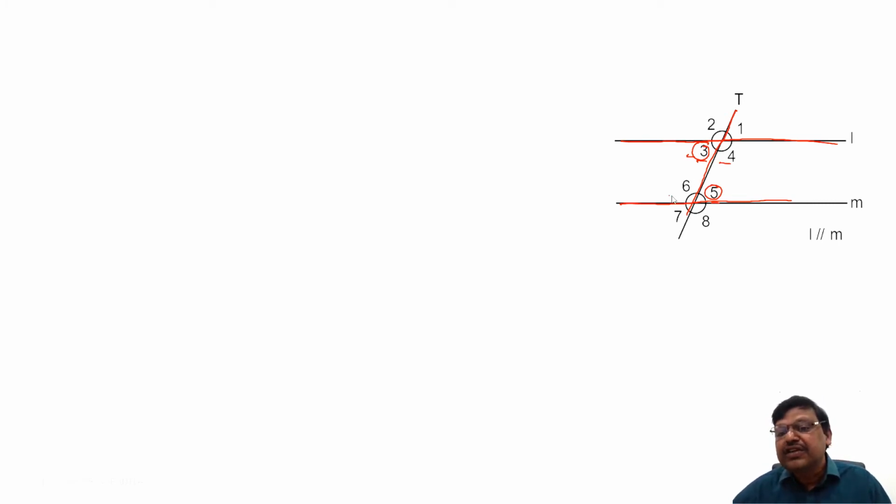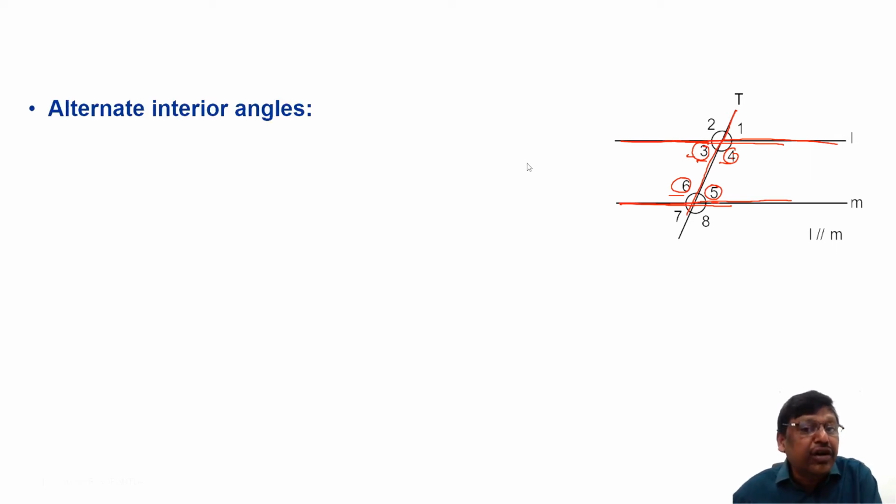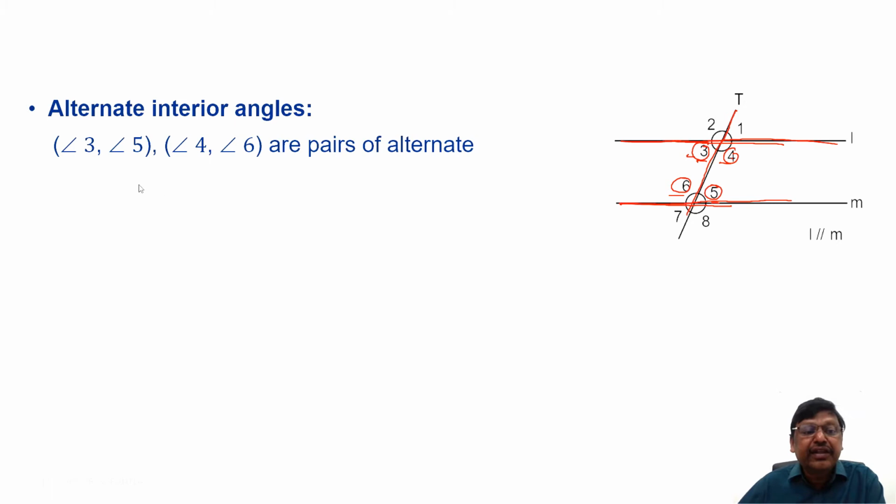Similarly, 4 and 6, they are also between parallel lines, but they are on the alternate sides of the transversal. That's why they are called alternate interior angles. Angle 3 and angle 5, angle 4 and angle 6 are pairs of alternate interior angles. They are not on the same side of the transversal, they are on the alternate sides.